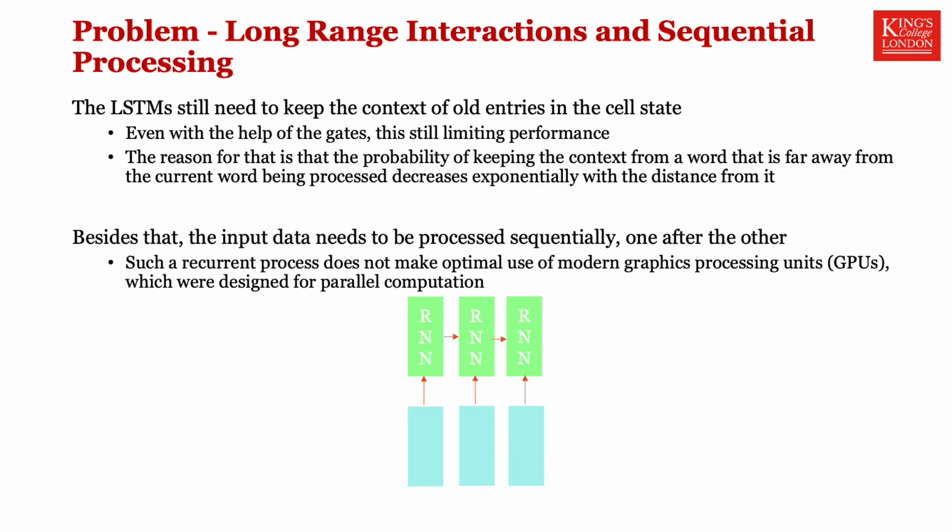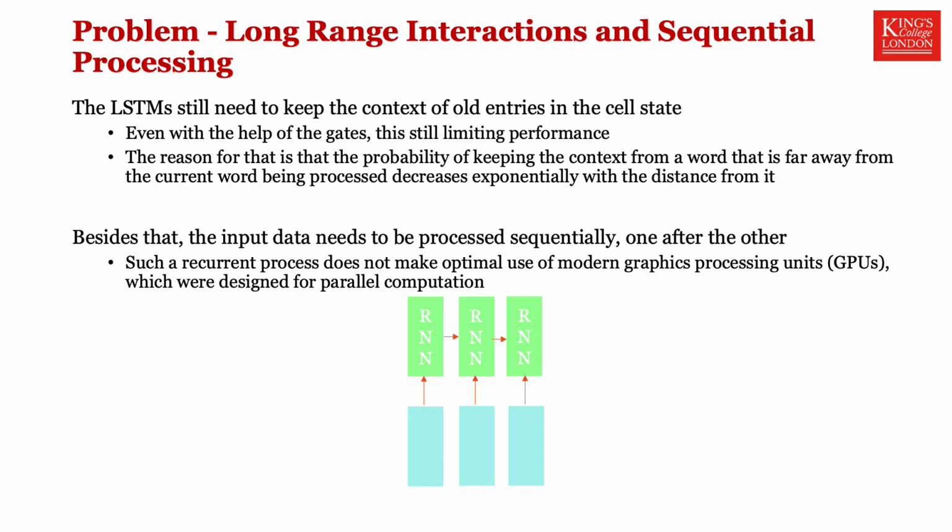One of the issues that exist is when we have long-range interactions and sequential processing, when you mix those two at the same time. LSTMs, as you've seen, have these two components. You have the component that comes from the new input, which allows you to select which information you might want to keep or to throw away. And you have the current state, which is at the top, which allows you to keep some information, to memorize things from the past.